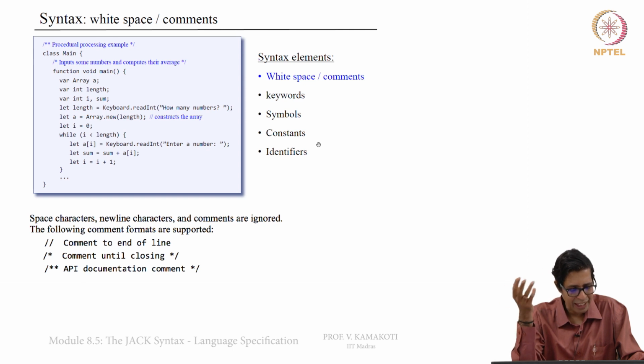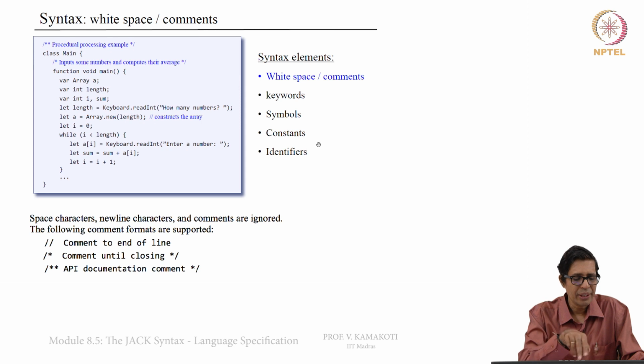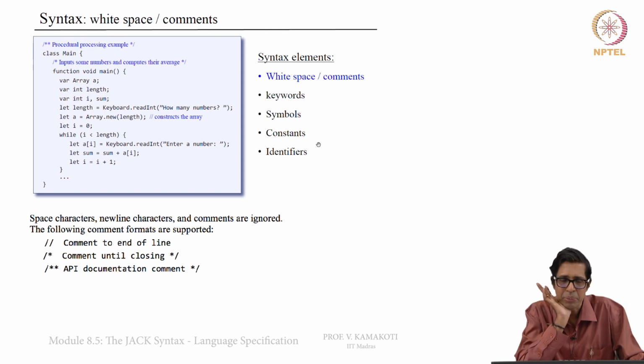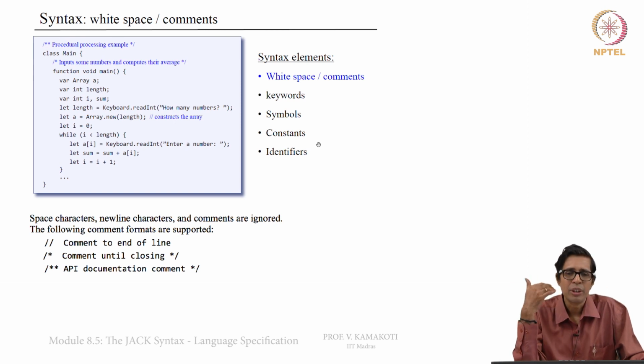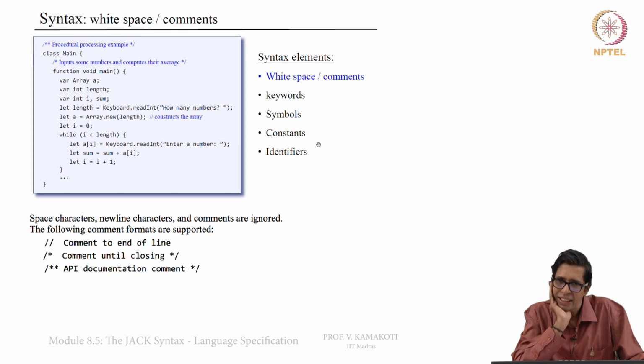I will have // comment until closing line, and an API documentation comment, right. So in whatever you see as blue are the comments, and these will be ignored by your compiler. So when you start compiling, first when you read the file, go and remove the comments completely, right.